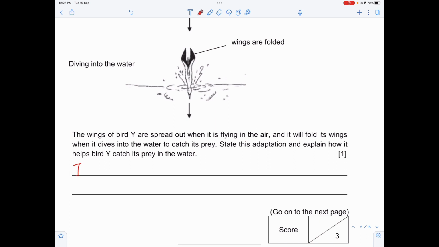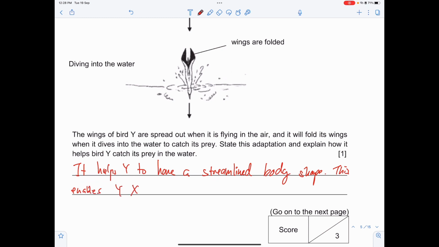It helps Y to have a streamlined body shape. This enables Y to move faster to catch its prey.